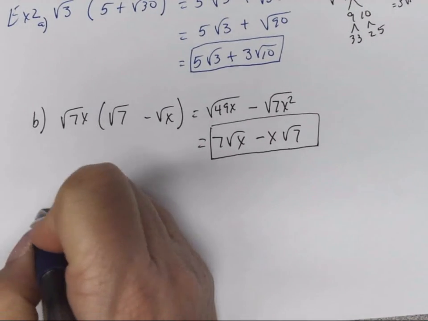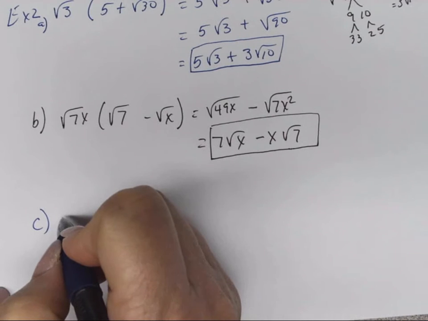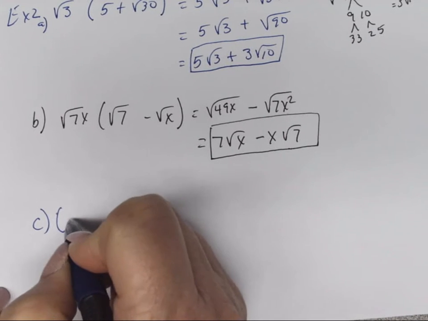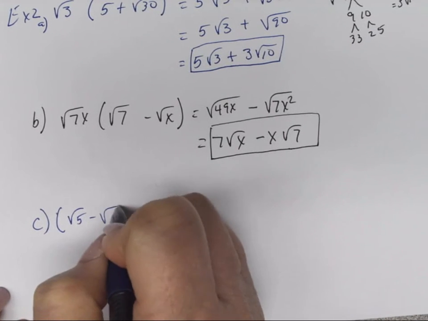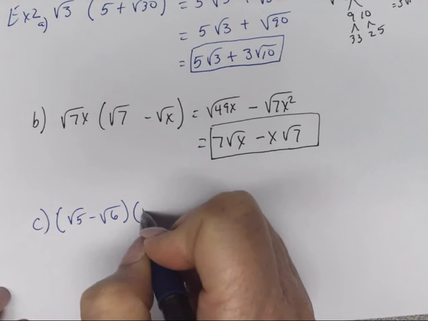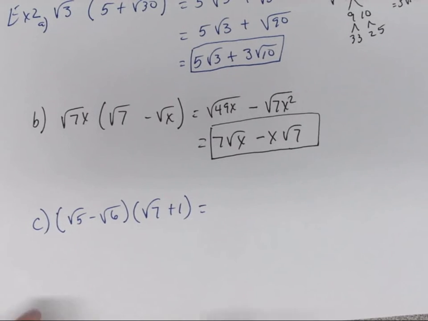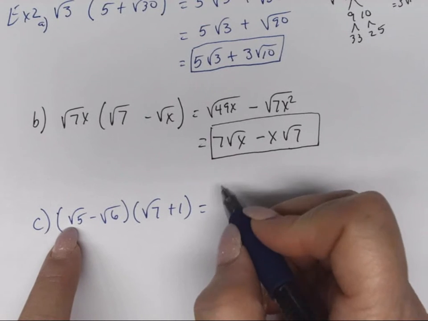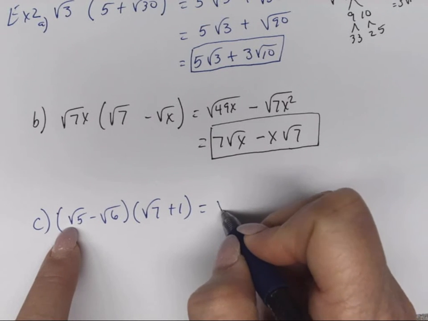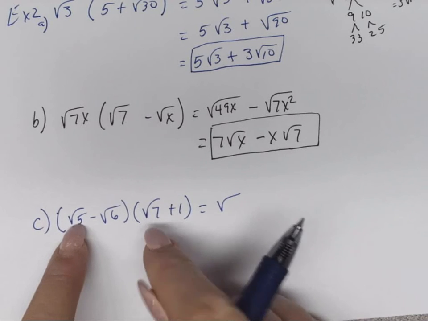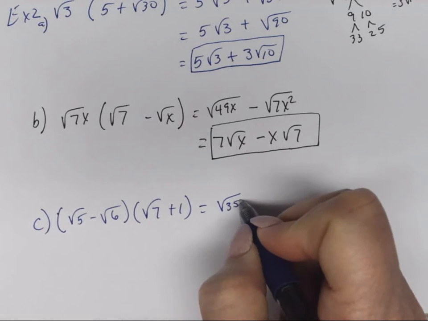All right, let's look at our next problem. We have the square root of 5 minus the square root of 6 times the square root of 7 plus 1. So they're all square roots, so we can multiply them out. Square root of 5 times square root of 7 will get us the square root of 5 times 7 is 35.